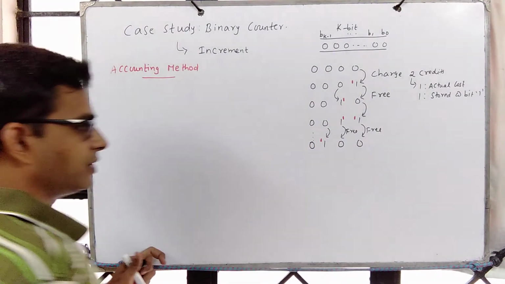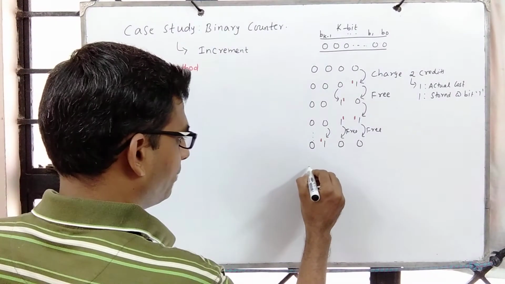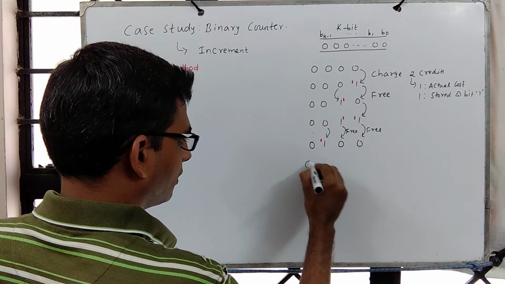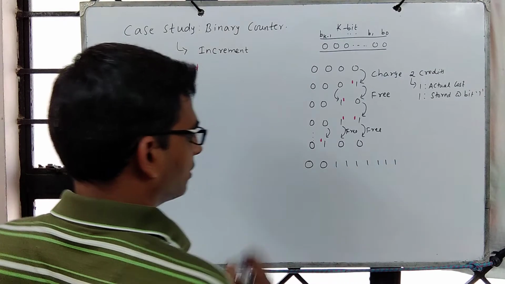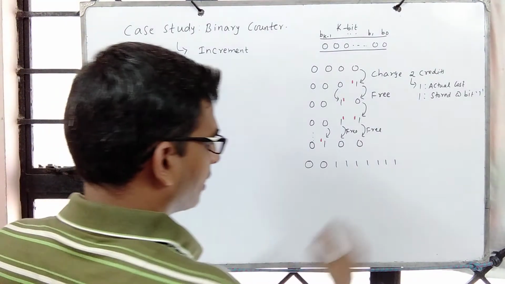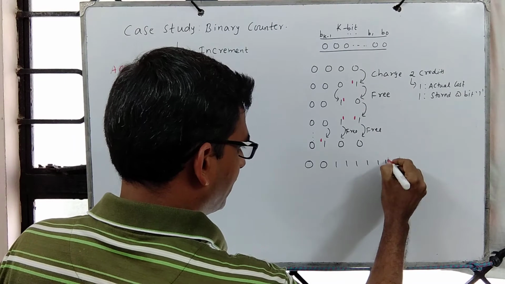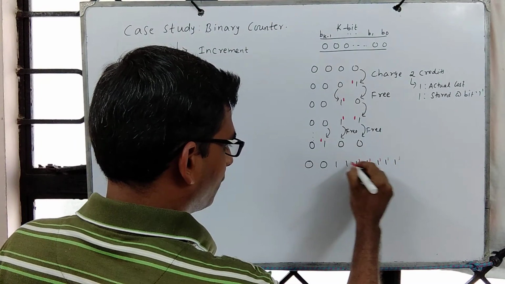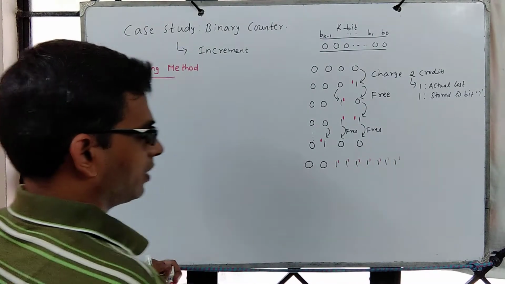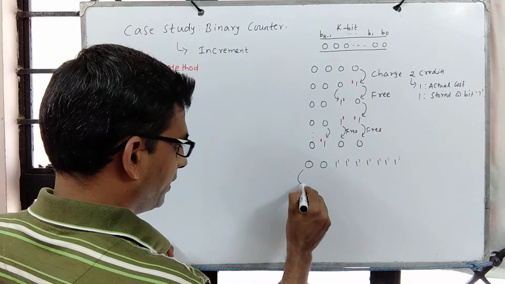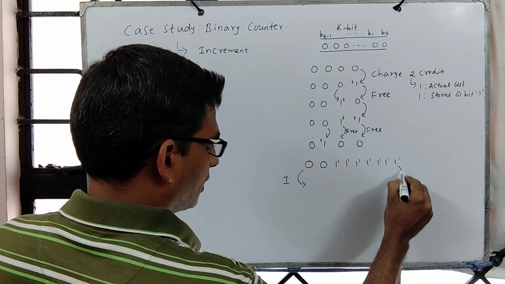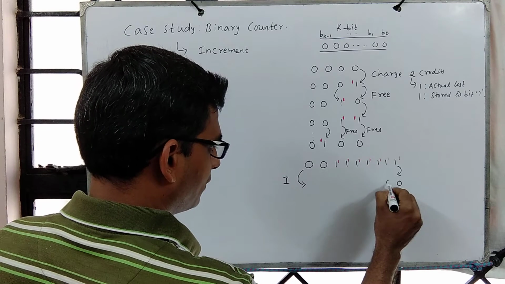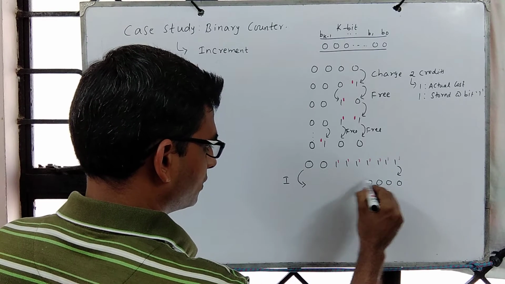So what is this telling us? At any point in time, suppose you have a configuration like this, then with each 1 we have got 1 credit. Now from this to this, if we perform an increment, then this will be flipped to 0, this will be flipped to 0, 0, 0.